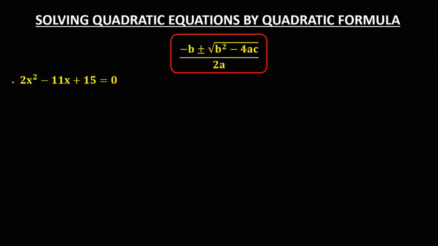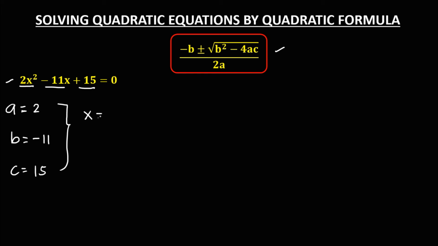Then for this given, again, we need to find the values of a, that's the number on the first term, that's positive 2, and b on the second term, that's negative 11, and c, that's the last term, that's positive 15. Then substitute these values into the formula.